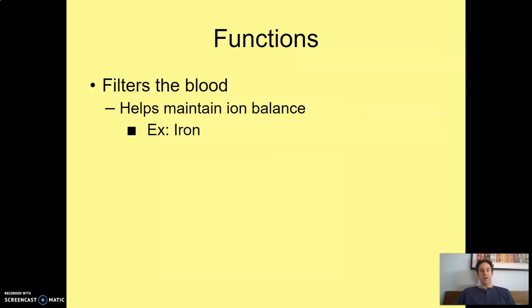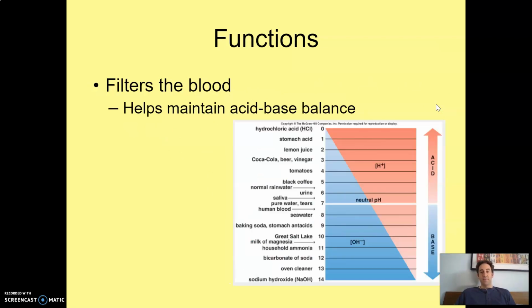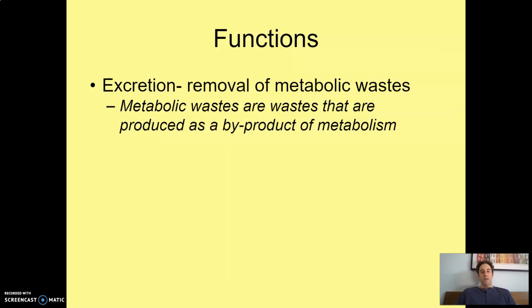Iron's another one we've talked about where you need proper iron levels in order to transport oxygen throughout the blood. So basically, these are just three we've talked about, but there are many minerals and ions that need to be balanced in the bloodstream, and while filtering, the kidneys help maintain that. It helps maintain acid-base balance. And yeah, okay, so it filters the blood.